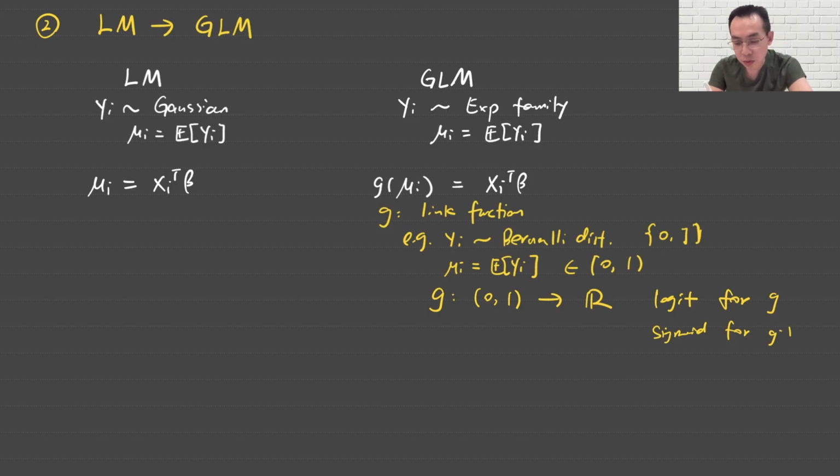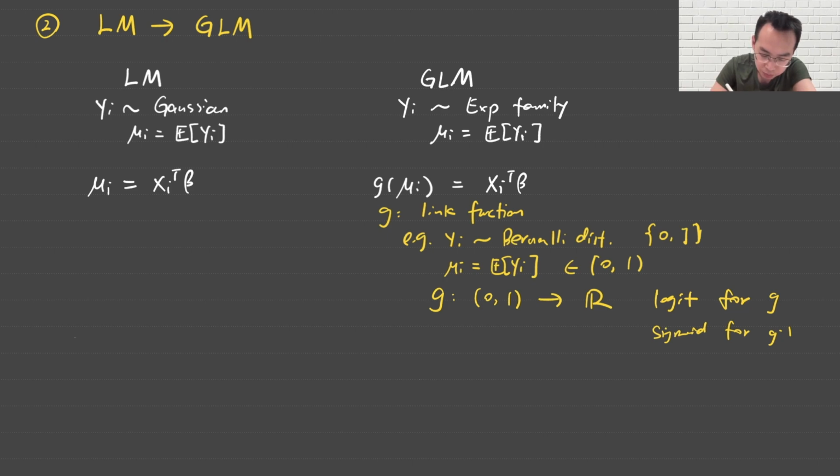So the point of this link function is just to transform the domain for the expected value onto real space. Now let's compare how we solve the linear models versus the GLM. The linear model can be thought of as maximum likelihood estimation for Gaussian.